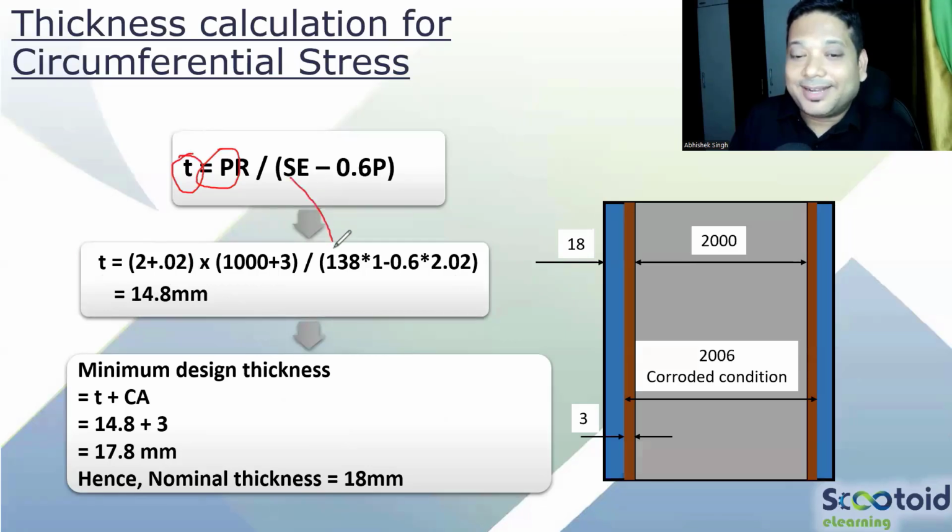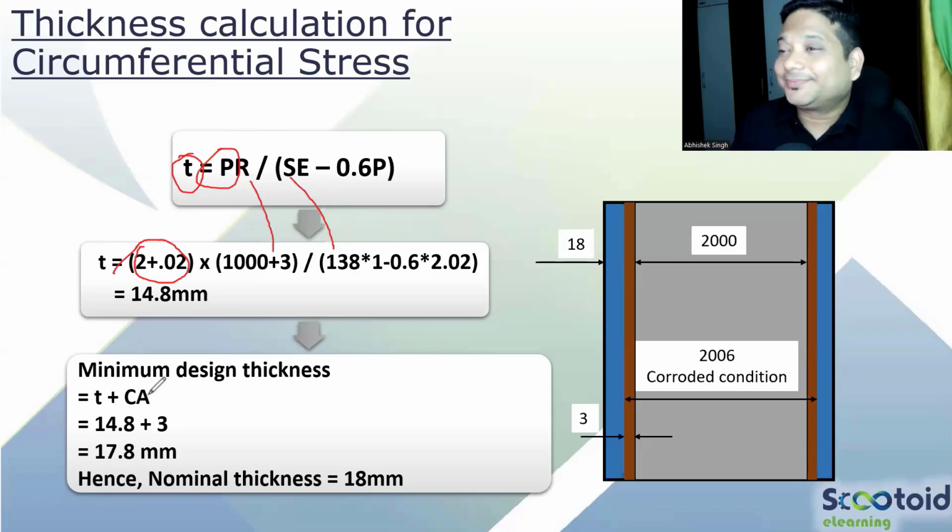S is 138. R is 1003. Don't you think you will be able to get 2.02? Yes or no? Obviously, we'll be getting 2.02, right?